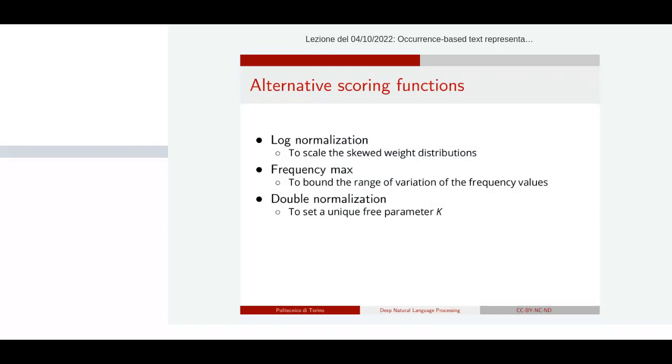And of course, the fewer parameters you have, the better, the more usable the system is. Some versions of the weighting function have just one free parameter, others have two, others have no parameters, but of course, it's hard to find a metric that works in every possible context. So basically, it's almost impossible in my opinion.